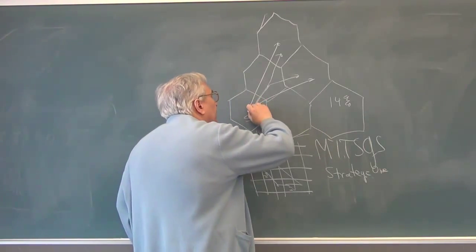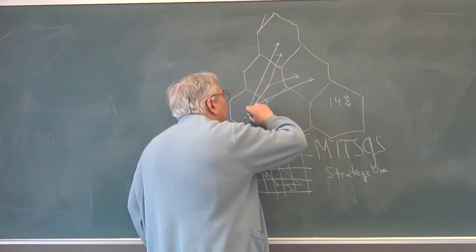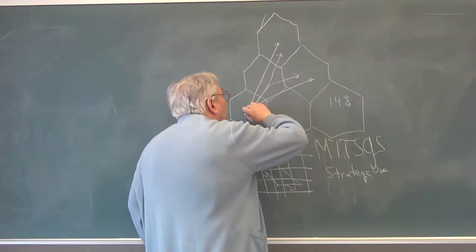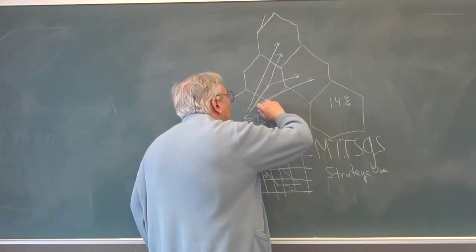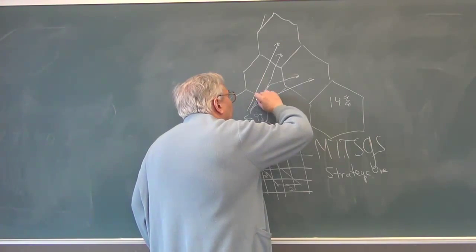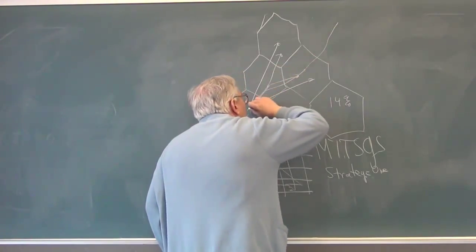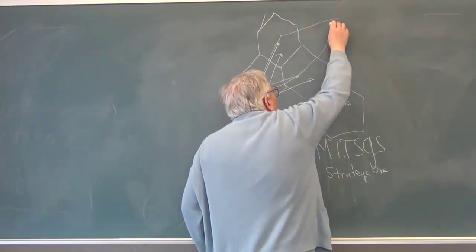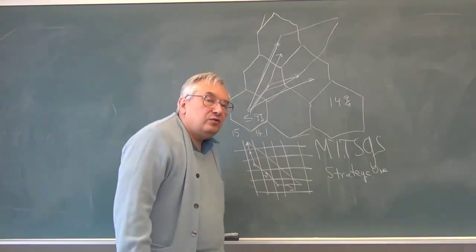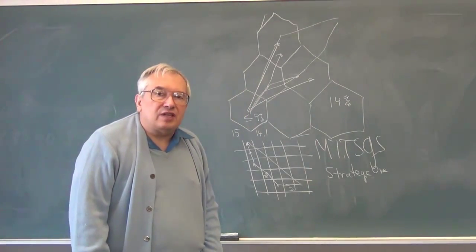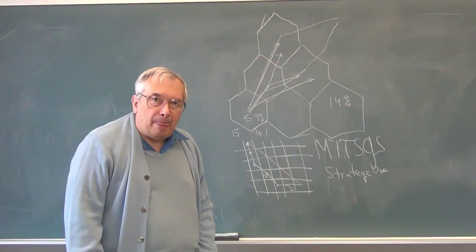If I do a move along here and keep going a bit, or if I do a move like this, the two distances are in fact the same number of hexagons.